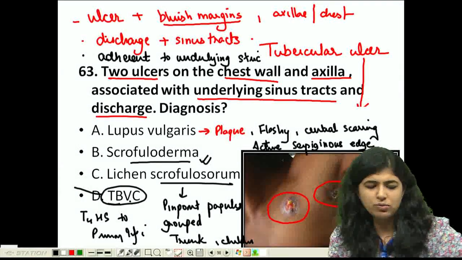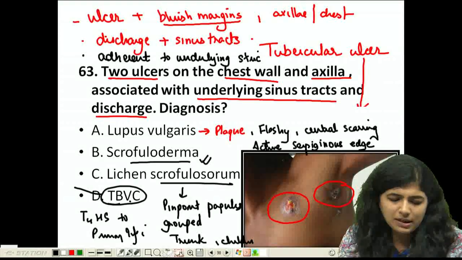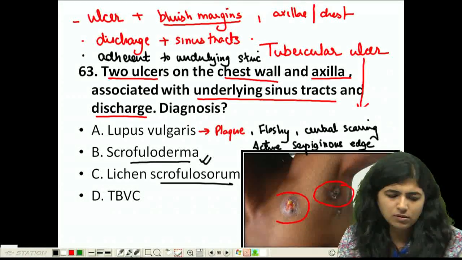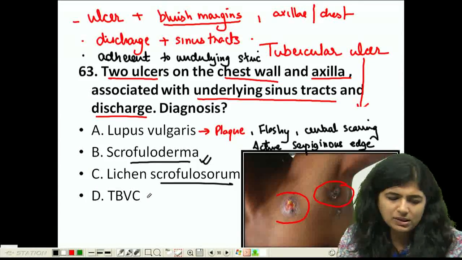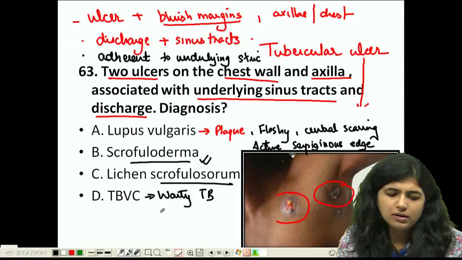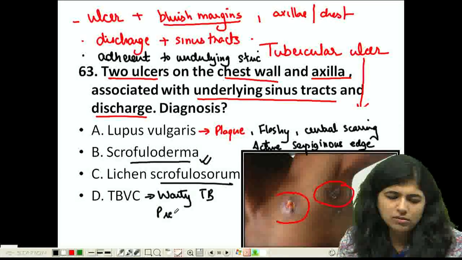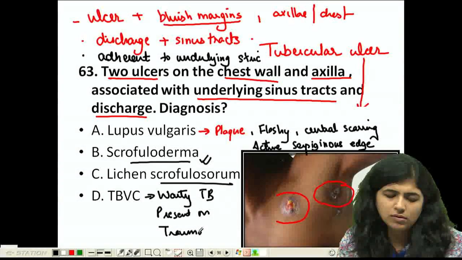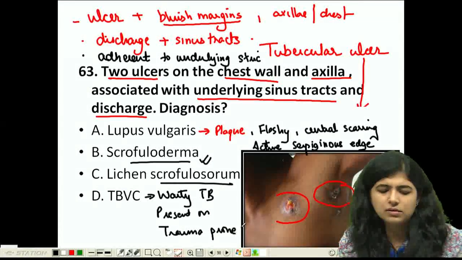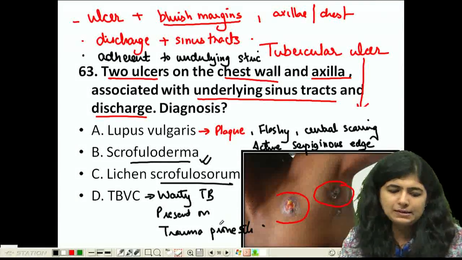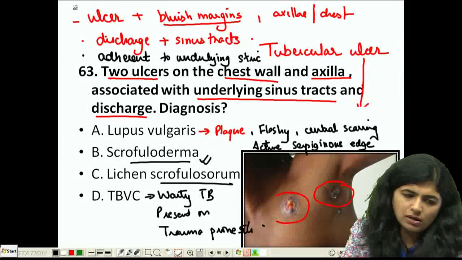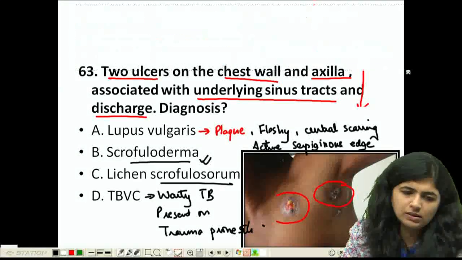TBVC is warty TB, completely different, present generally on the trauma prone sites. This is all that you need to remember about this.